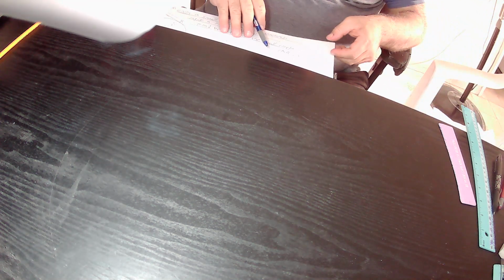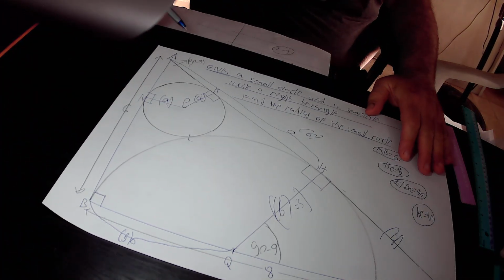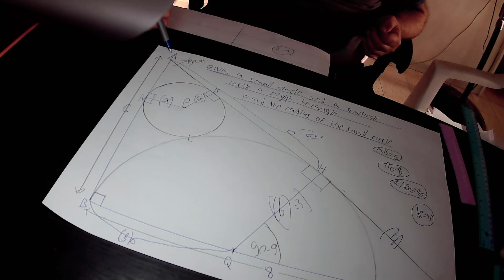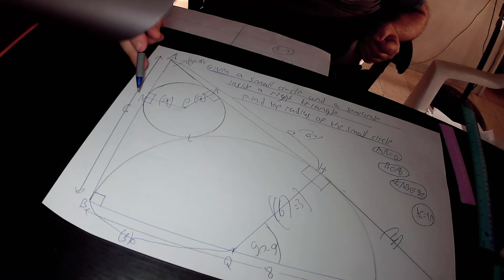Okay, so we can implement rule 15 in our drawing. Why? Because in our drawing, we focus on this common external point, point A. From this common point A, we have two tangents to this small circle, tangent AN and tangent AK.